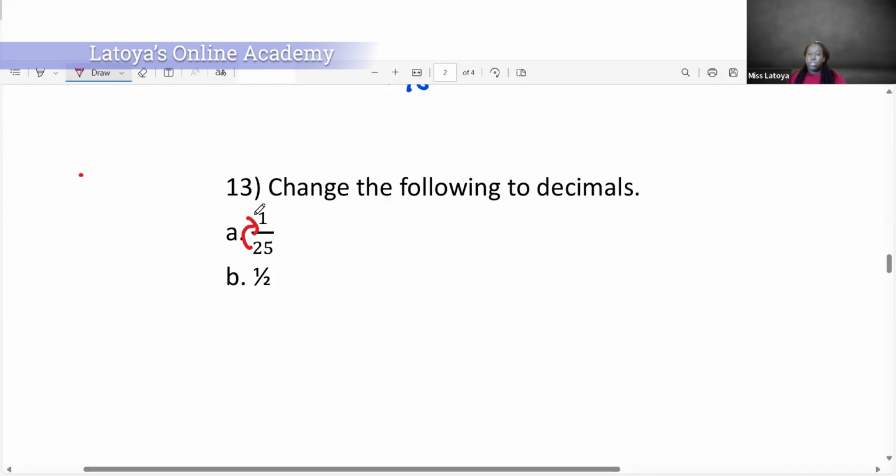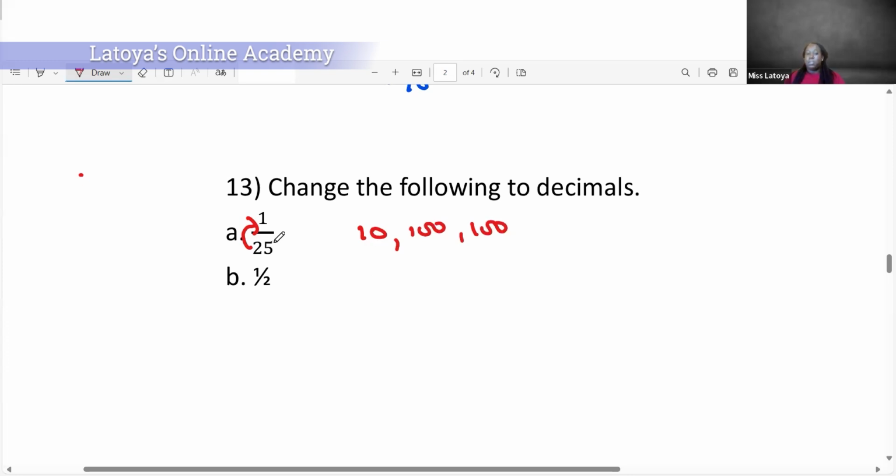When changing fractions to decimals, it will be easy if we have denominators of 10, 100, or 1,000.